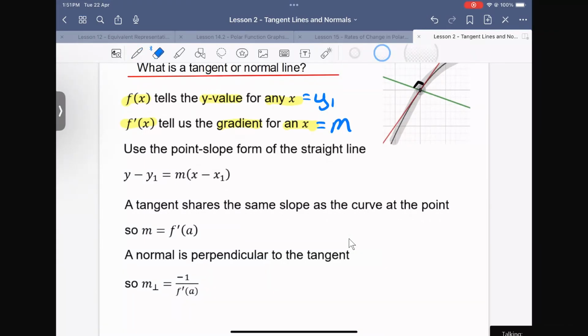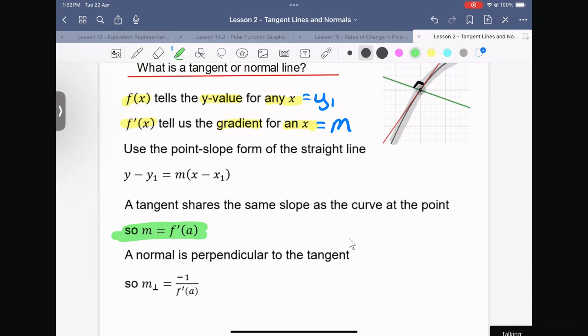Key piece of information, super key piece of information here, is that the tangent shares the same slope as the curve at any point. So m, or the gradient of the tangent, is equal to the derivative of the function at that particular point.